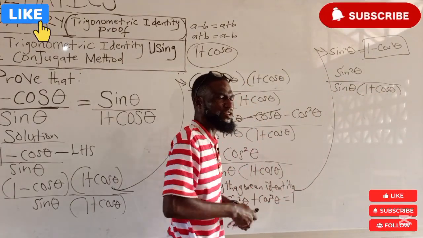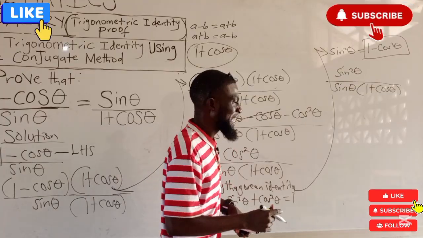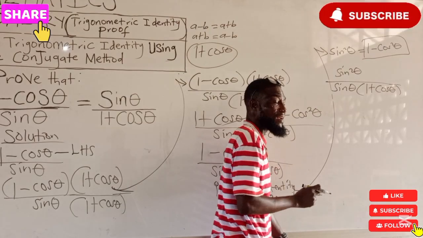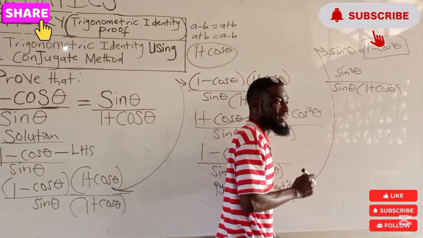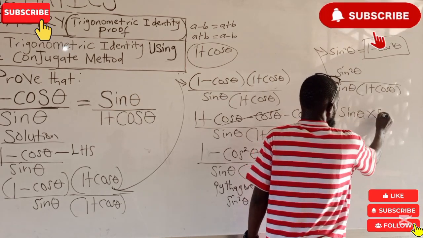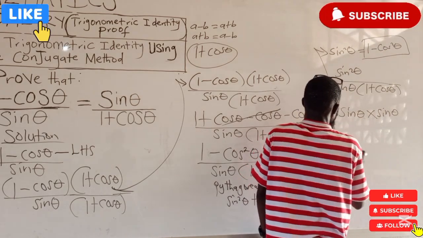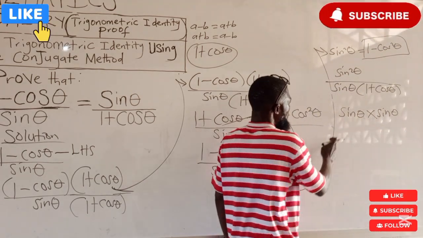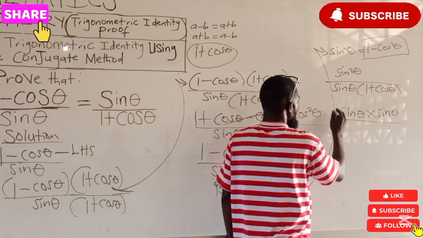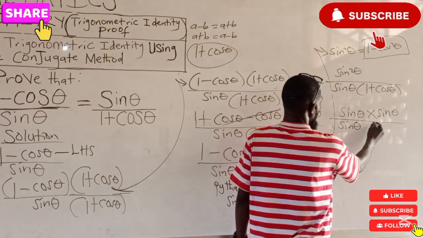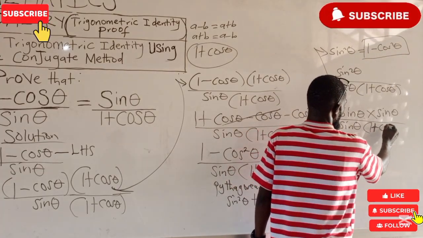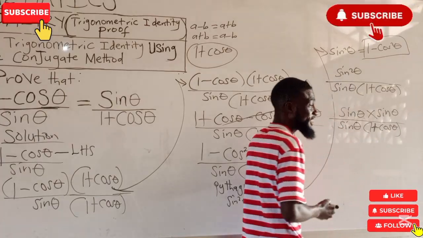On this note, ladies and gentlemen, we apply the basic trigonometry identity just to get sin square theta. In applying this identity, sin theta times sin theta will give us sin square theta, over sin theta, parenthesis open, 1 plus cos theta, parenthesis closes.